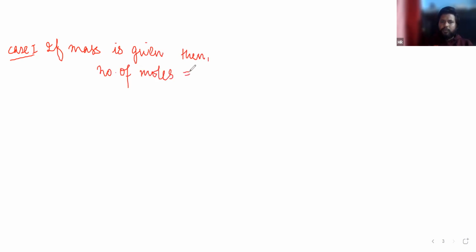Case 1: if mass is given, then number of moles equals, this is the first formula you already studied in class 9th, given mass upon molar mass.